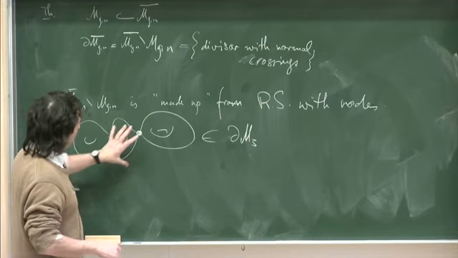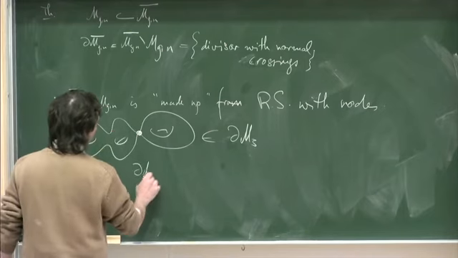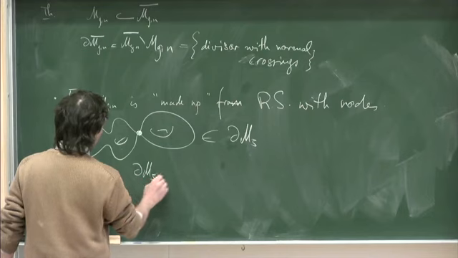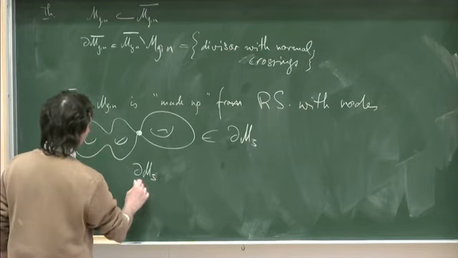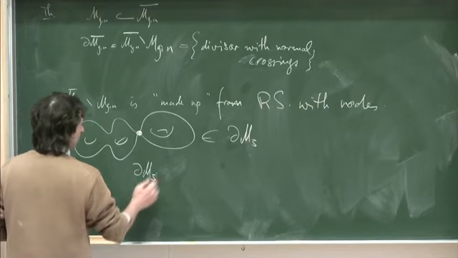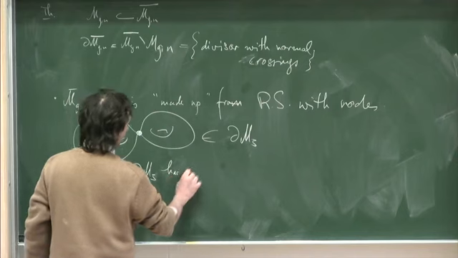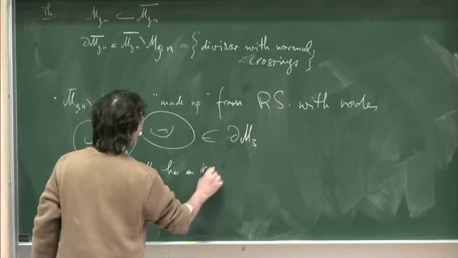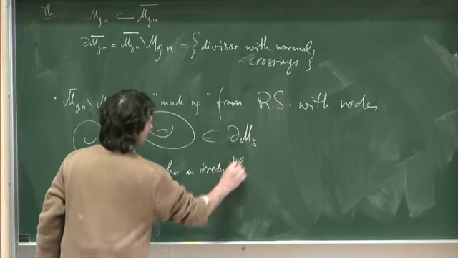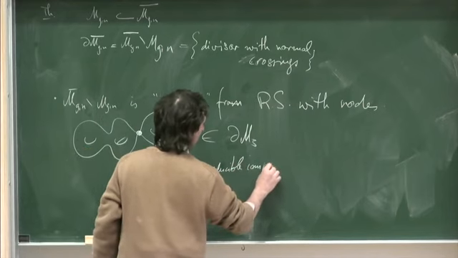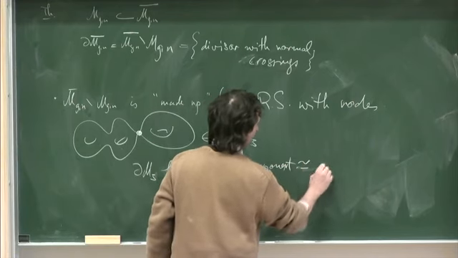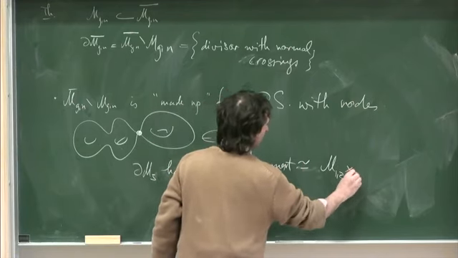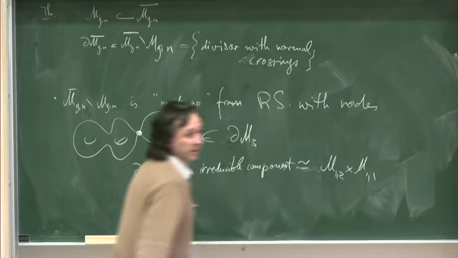What it really means is that the boundary of M3 contains an irreducible component which is isomorphic to M_{2,1} cross M_{1,1}.